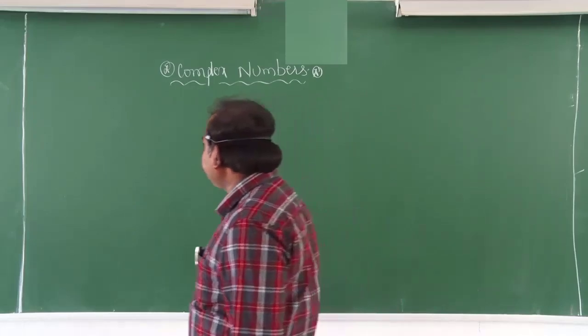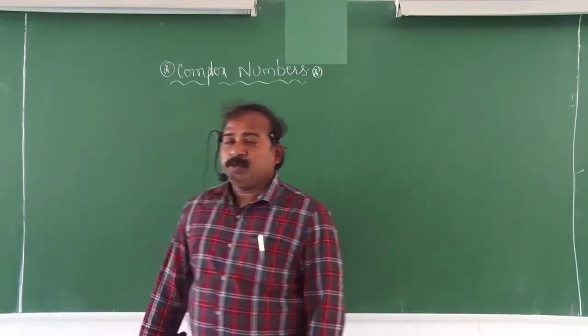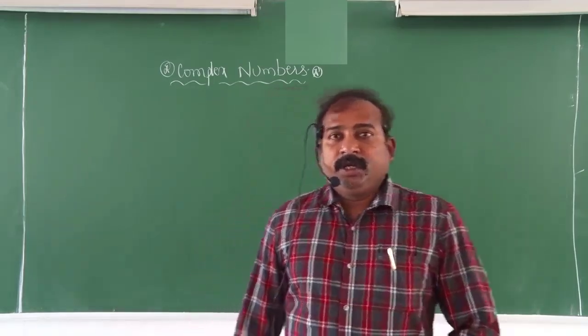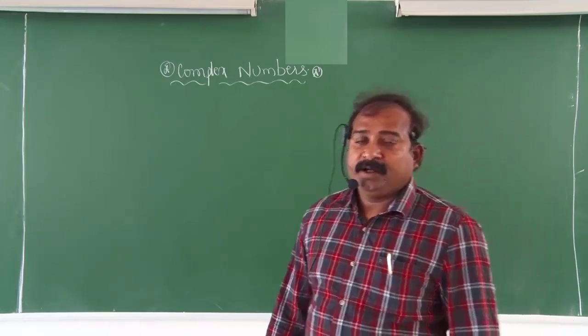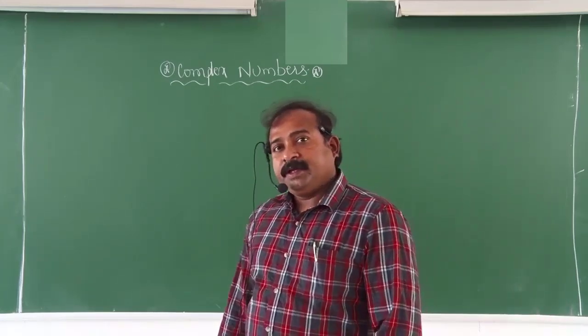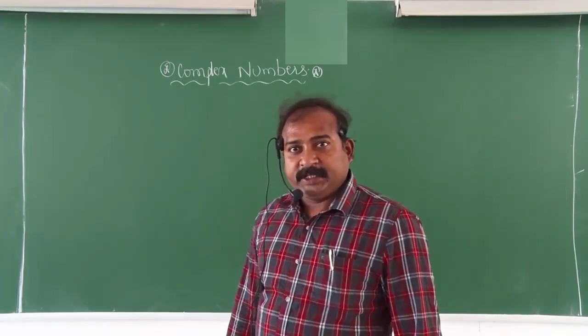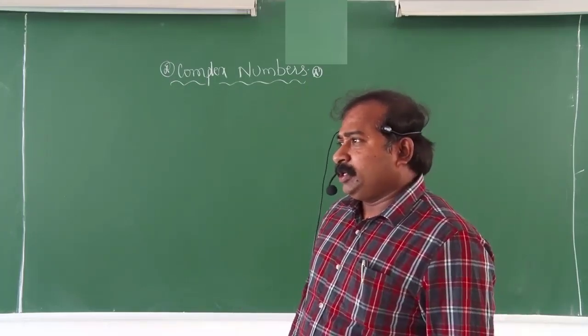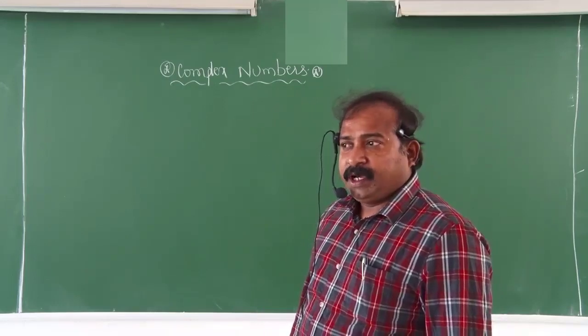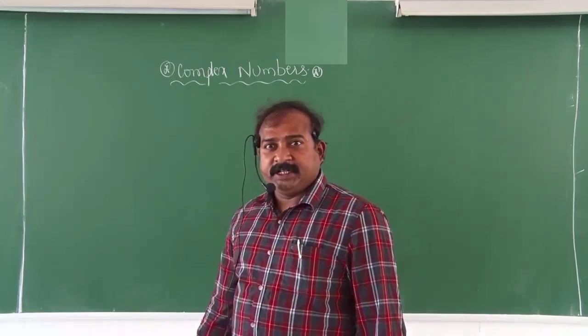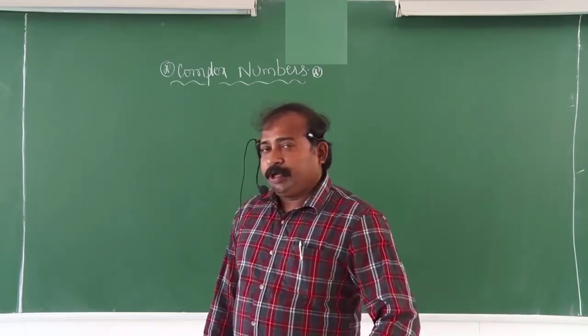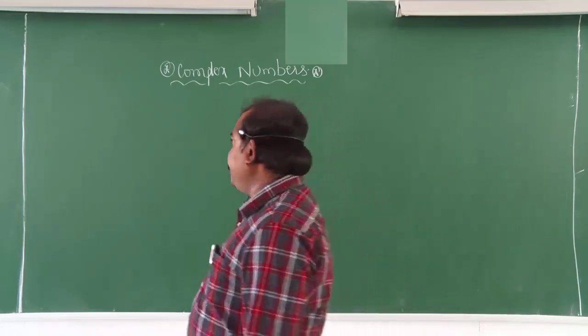Now, in the last class we discussed the areas of the triangle formed by z, iz, z plus iz. One bit is completed. Next, I hope the triangle with z, iz, minus z plus iz is also completed. Now today I will discuss one more point.